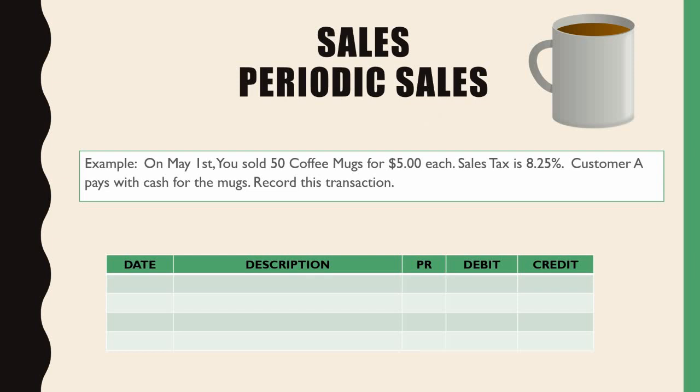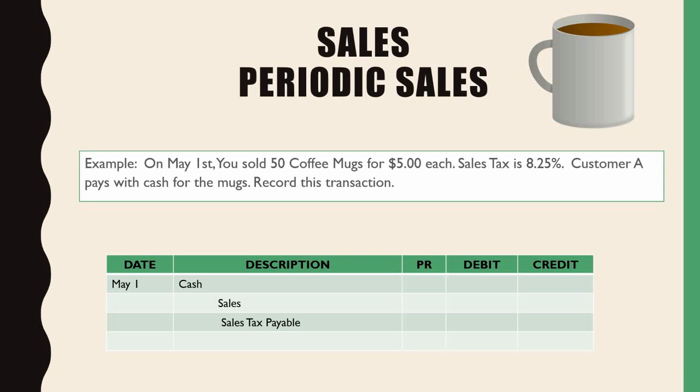Sales tax was 8.25%, and customer A paid with cash for these mugs. Record this transaction, okay? So first assumption is we're going to get cash, right? And second assumption is, well, we just sold a product, so therefore we're going to be increasing our sales, okay? And of course, sales taxes last, right?